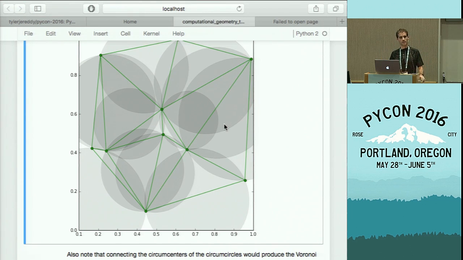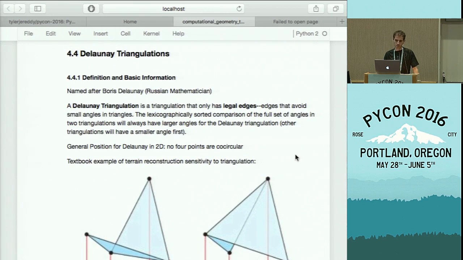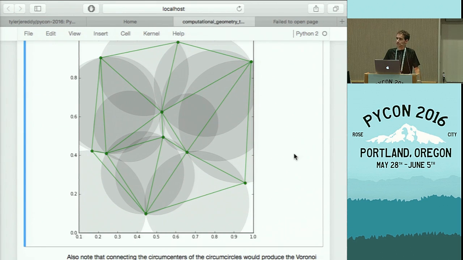Yeah, let's say you have a set of points that fall on a circle. Yeah, but I guess that violates the general position, right? Yeah, because you can imagine that you get two triangles that are directly next to each other. And then, I don't know what would happen, but.